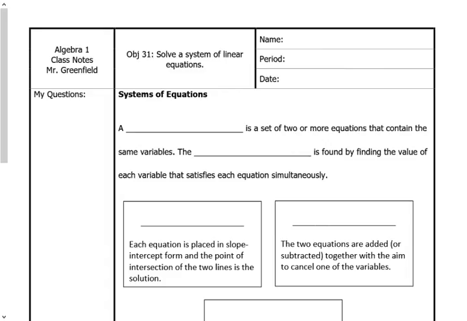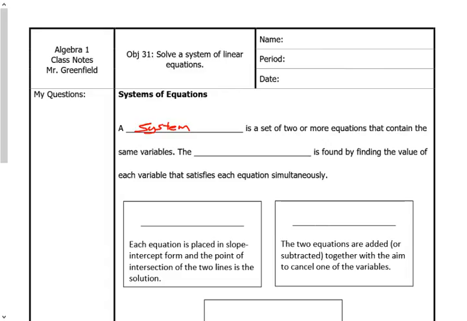So, what's a system of linear equations? Well, the definition of system is two or more equations that have the same variables. Because we're dealing with linear equations, we're going to have two or more linear equations, which means two or more lines. And then our variables will be x and y because we're dealing with linear equations.